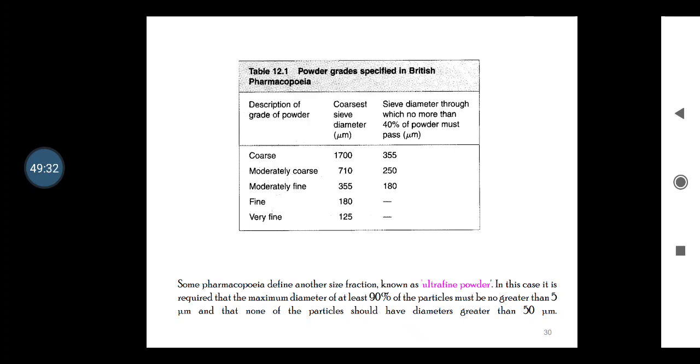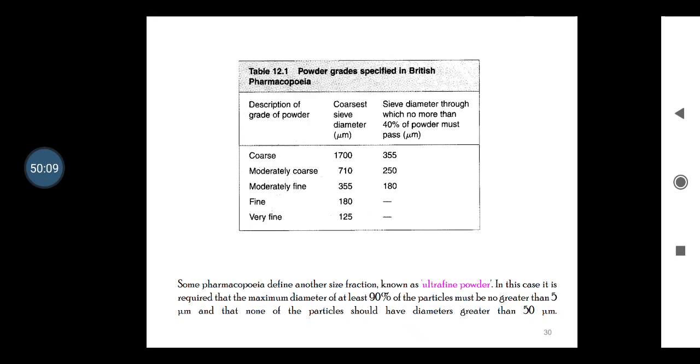If you look at the right hand side of the table, 355, 250 and 180 are the upper limits of the nominal mesh aperture size of coarse powder, moderately coarse powder and moderately fine powder. So we distinguish this coarse sieve diameter only according to the higher nominal mesh aperture size of the respective powder. For the 180 micrometer nominal mesh aperture size, that is for the moderately fine, the coarse sieve diameter is 355.